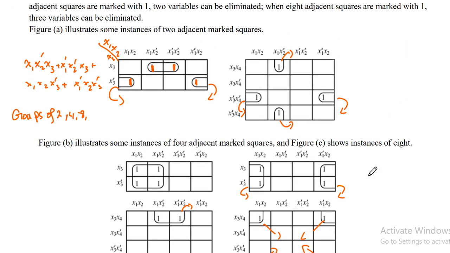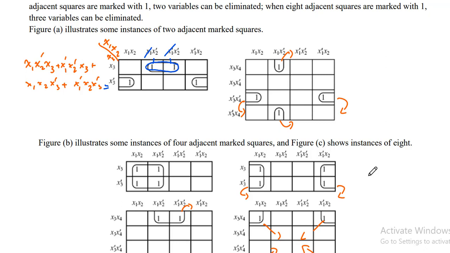But what does this grouping mean? How do we reduce this thing? Let's see. I'm going to change my color. This group here, I'm going to write it in blue. Once you group them, you look up. You see that x1 differs from x1 to x1 not. That means it's going to cancel, okay?